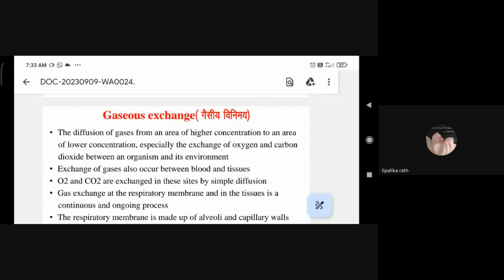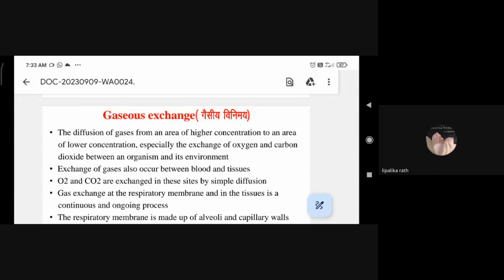That is why highly concentrated oxygen will diffuse to capillaries as per the diffusion process. So they will get balanced.